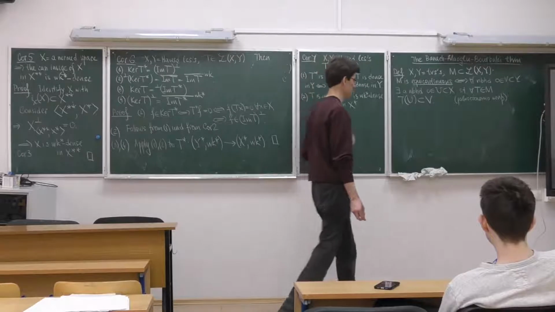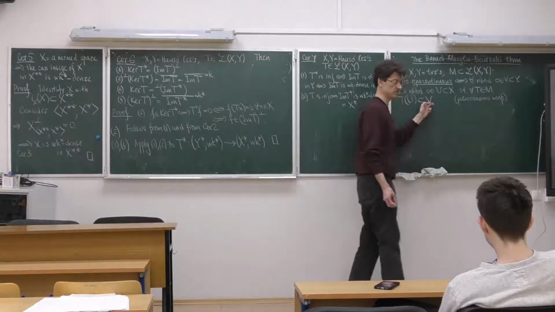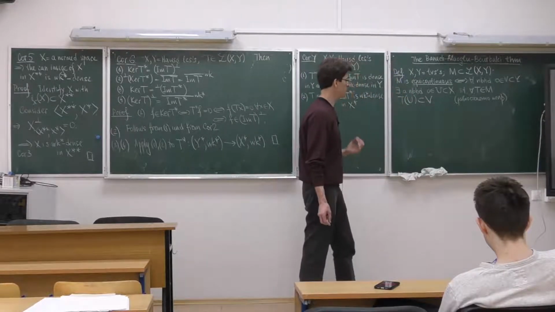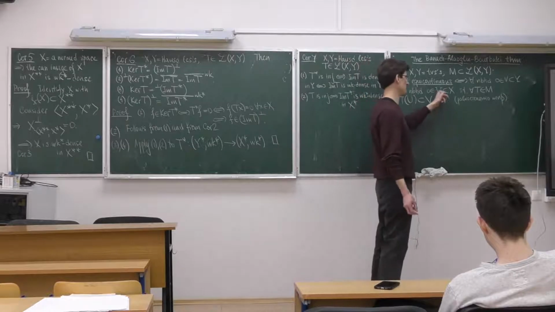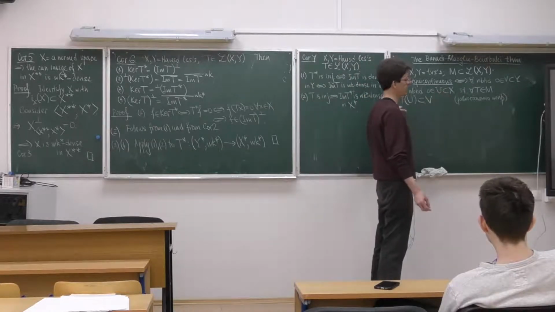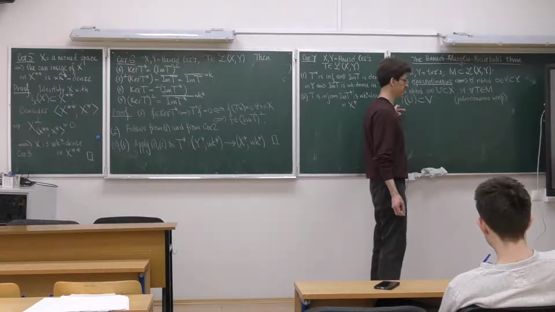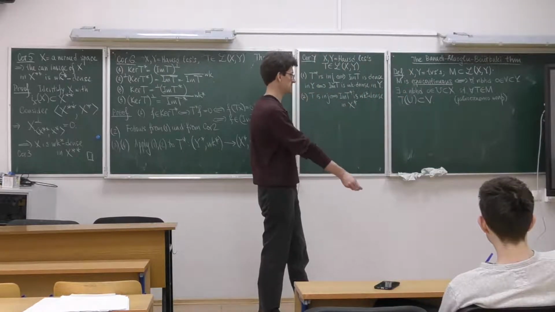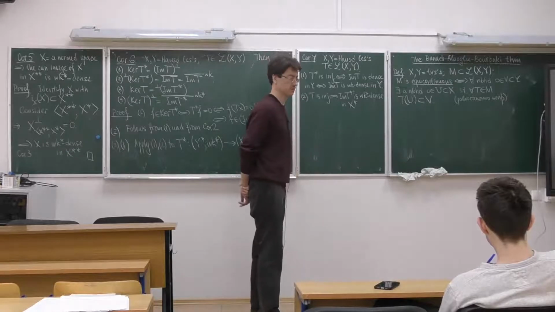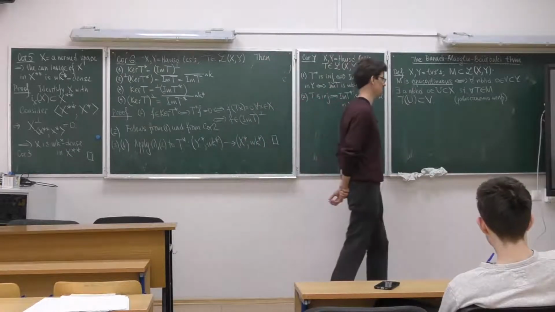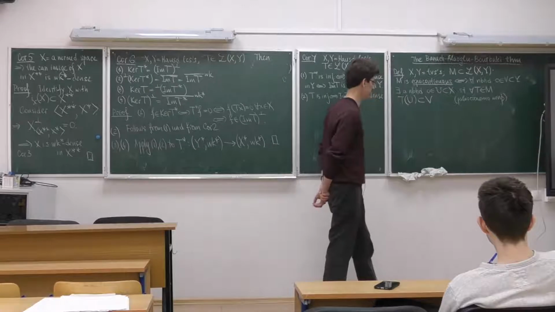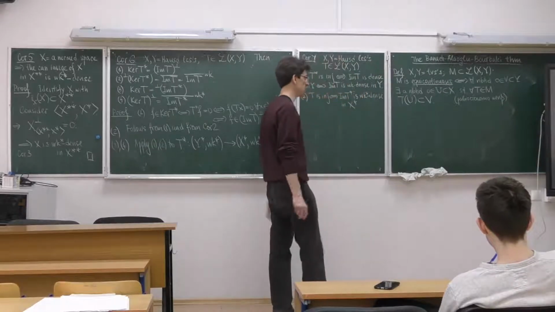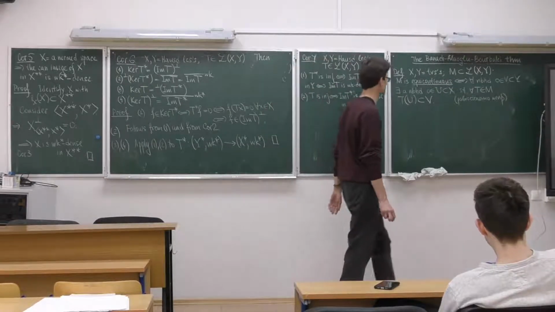So for a single continuous linear operator, this property always holds. So here the point is that we can find the same U for all operators in M. So this shows that this is stronger than the continuity of each individual operator from M. The difference is that the same U works for all operators in M.